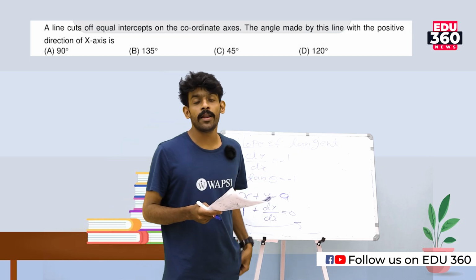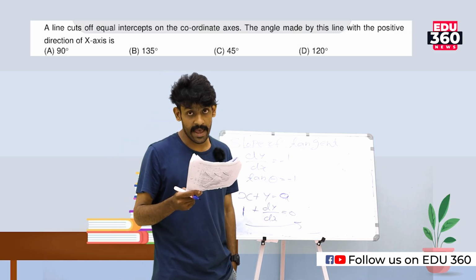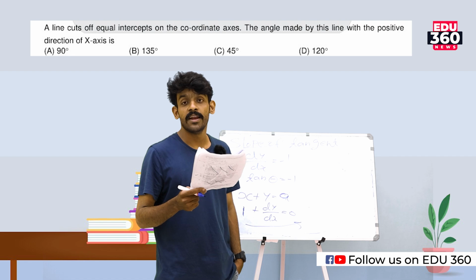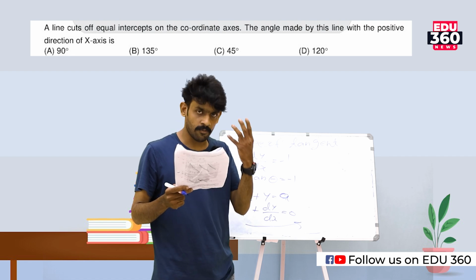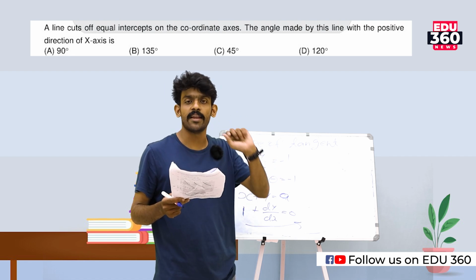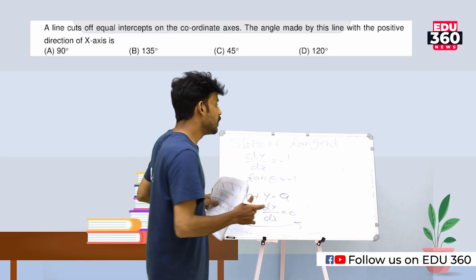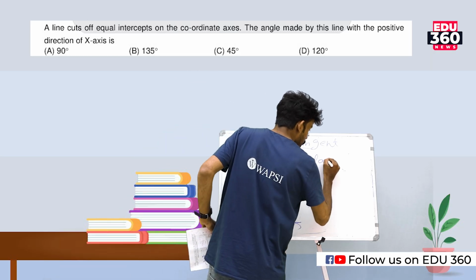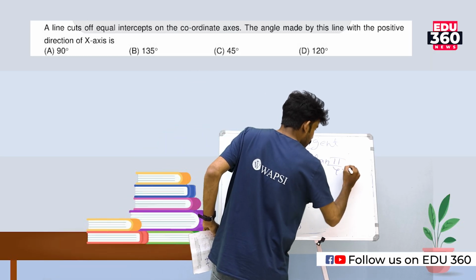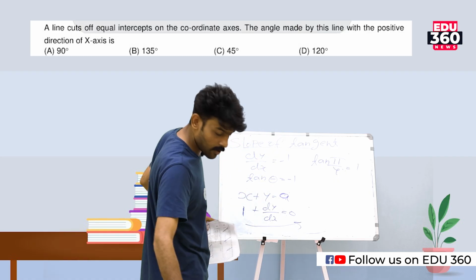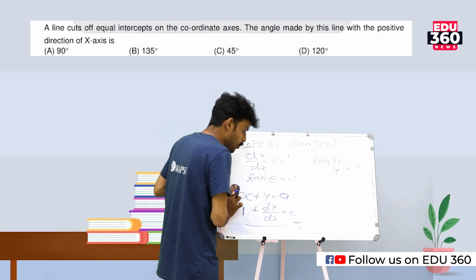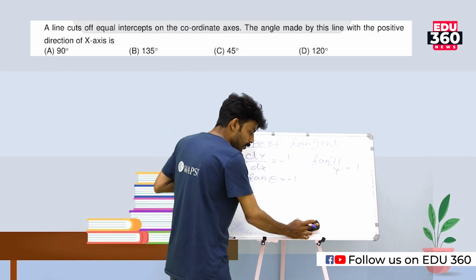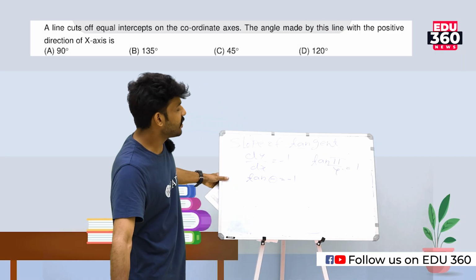We know that for which value of theta tan theta is 1? That is for pi by 4, isn't it? So tan pi by 4 is equal to 1. Here we got tan theta is equal to minus 1.